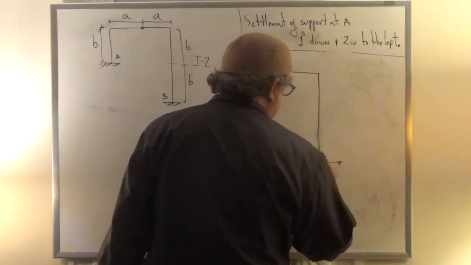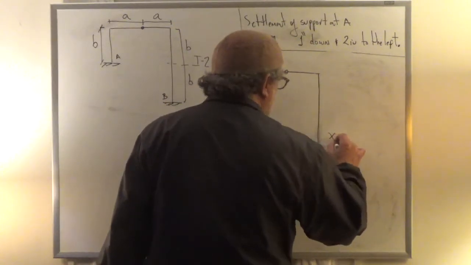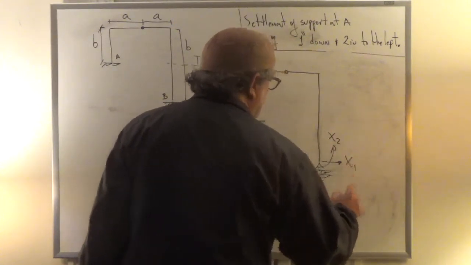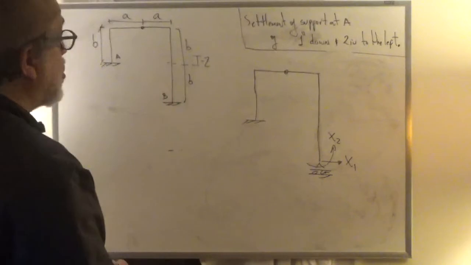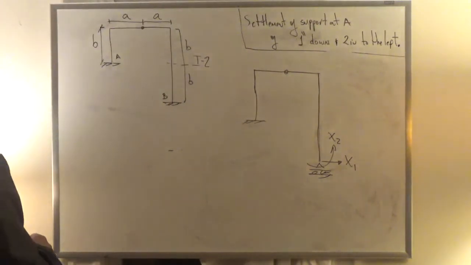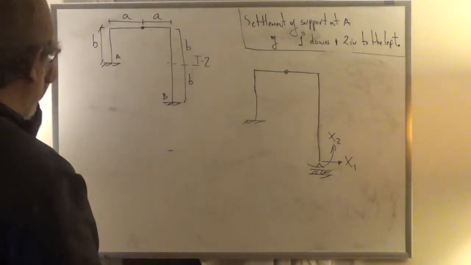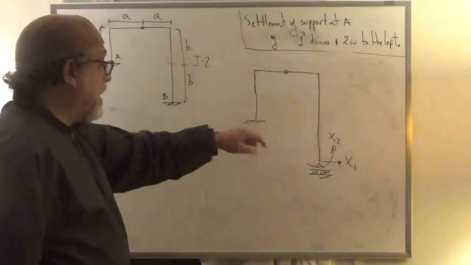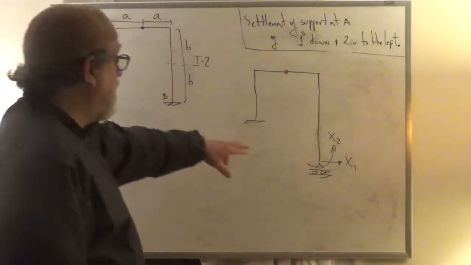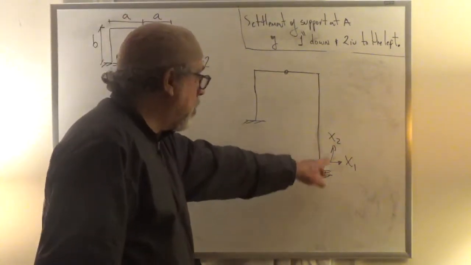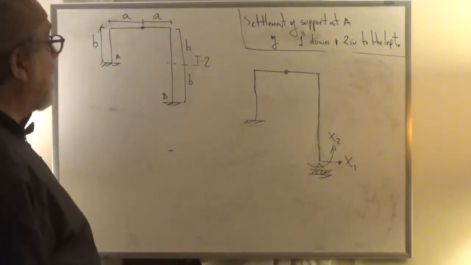That is, we put this on a roller, and then we have x1 and x2 to be those, right? We remove the horizontal capacity at this point, this redundant x1, and we remove the moment, becomes a pin, a roller, x2. So that's x1 and x2.